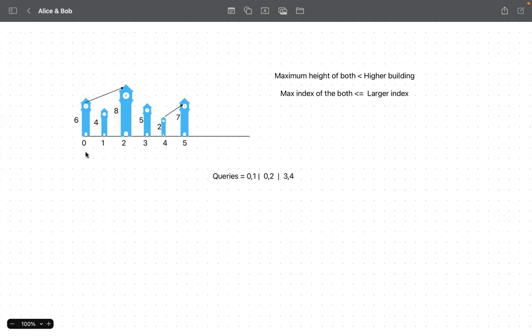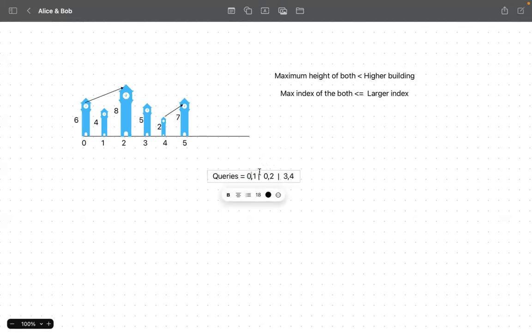So here we will start with this building, the zeroth building. Why? Because my query has 1 as maximum height. So for all the buildings which have a height less than this maximum height, we will just process. We are not looking for any building which has a higher height than this. Why we are not looking for the higher buildings?